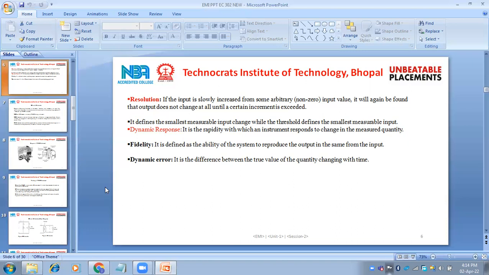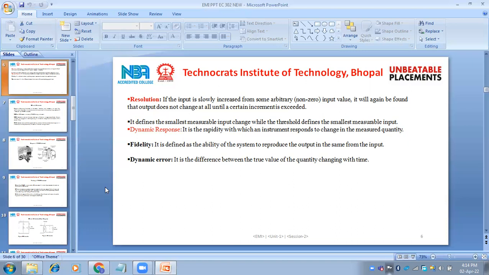After that, we get the output. There is a minimum value, a minimum measurable input value. At this value, output does not change. Output remains constant. That minimum range is called the resolution of the instrument.